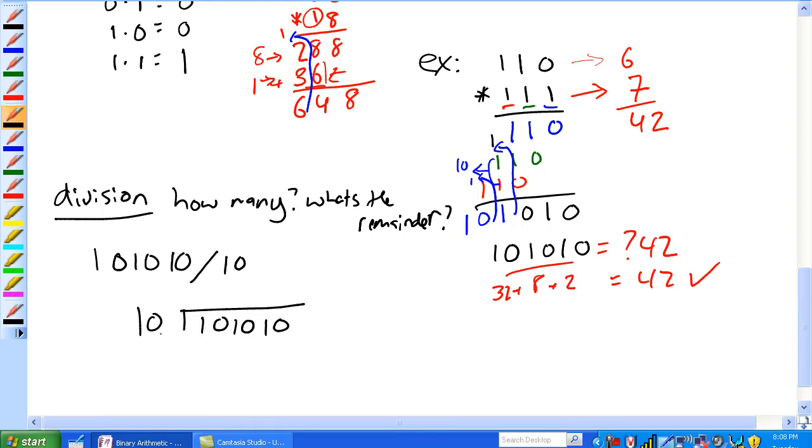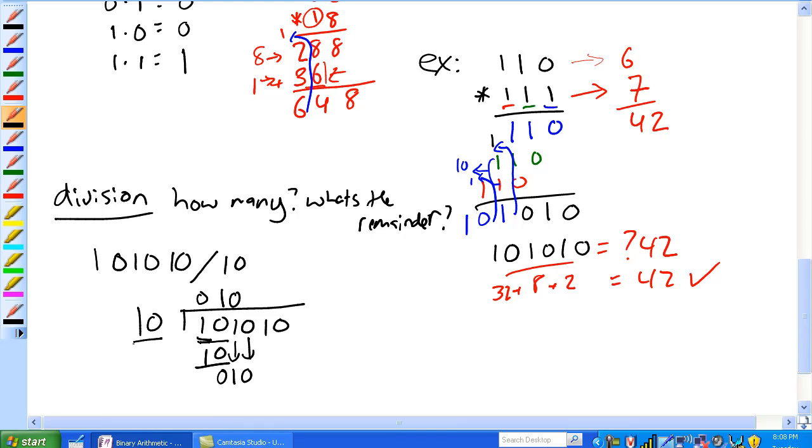So how many times does 10 go into 1? Well, 0 times. How many times does 10 go into 10? Well, once. What's the remainder? 0. Okay, bring this guy down. It's a 1. How many times does 10 go into 01? 0 times. Bring this guy down.